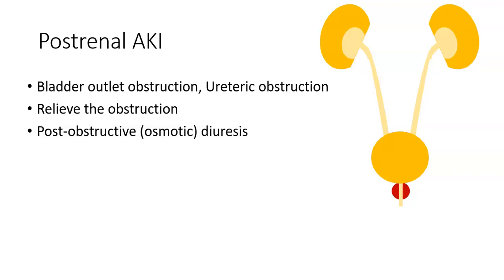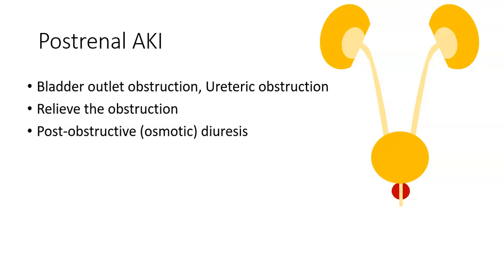Once the post-renal AKI has been treated and the obstruction has been relieved, it is important to look out for a complication known as post-obstructive diuresis, which is a form of osmotic diuresis. While there are many mechanisms involved, one of the mechanisms is that there is a retention of urea within the renal tubules due to the obstruction reducing the glomerular filtration rate.